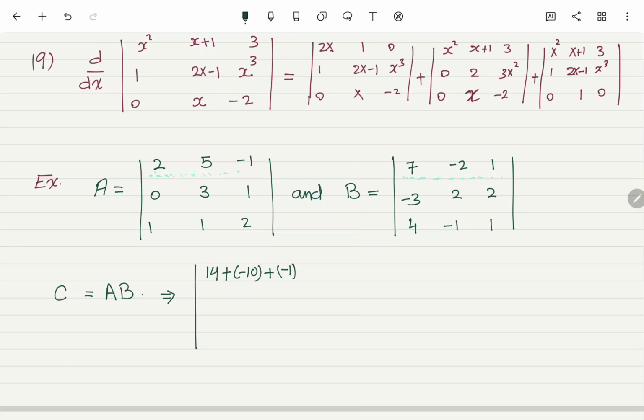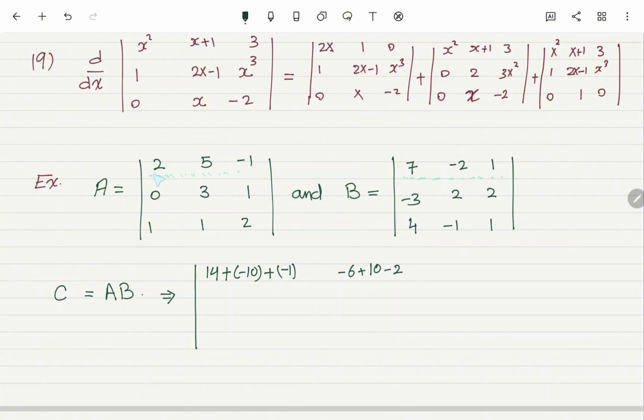Now, as the second element, let's multiply the first row with the second row. The same rule here. 2 multiplied by minus 3, it's minus 6. 5 multiplied by 2, it's plus 10. Minus 1 times 2, minus 2.